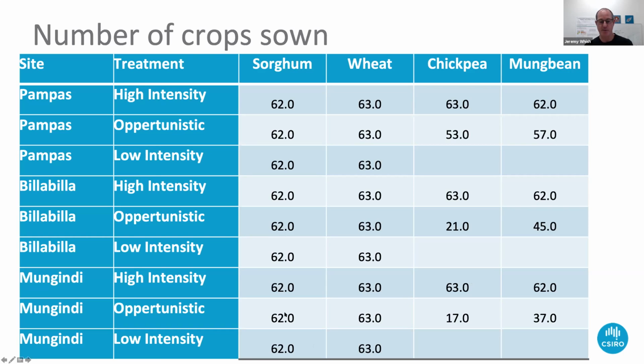But the opportunistic ones, for sorghum and wheat, which we said we fixed, we're getting our 62 and 63, but we only had 17 chickpea crops. Yet we made more money, and we only had 37 mung bean crops as opposed to the 62. So it's that difference where we're improving the efficiency of our system.